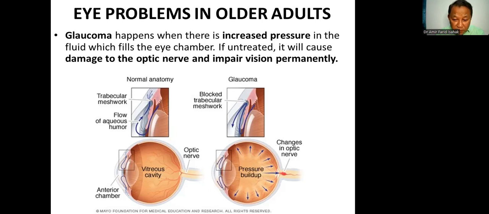So there'll be backflow and there'll be pressure built up in the posterior chamber. And this pressure will gradually impinge on the optic nerve, causing damage to the optic nerve and, of course, to the vision.